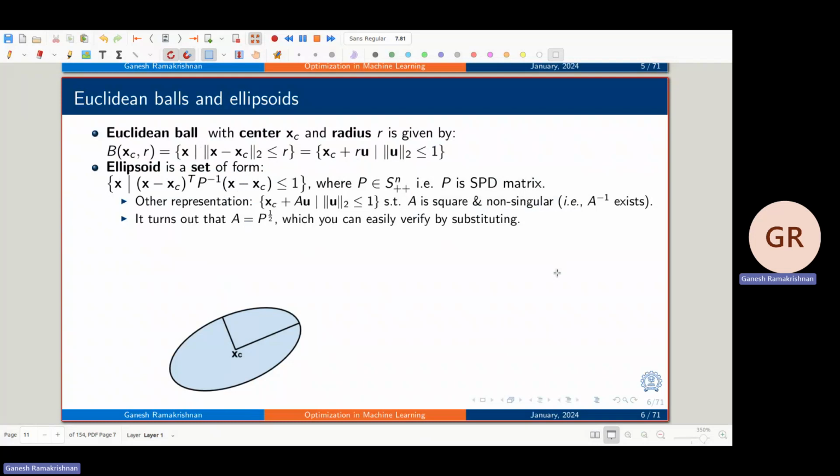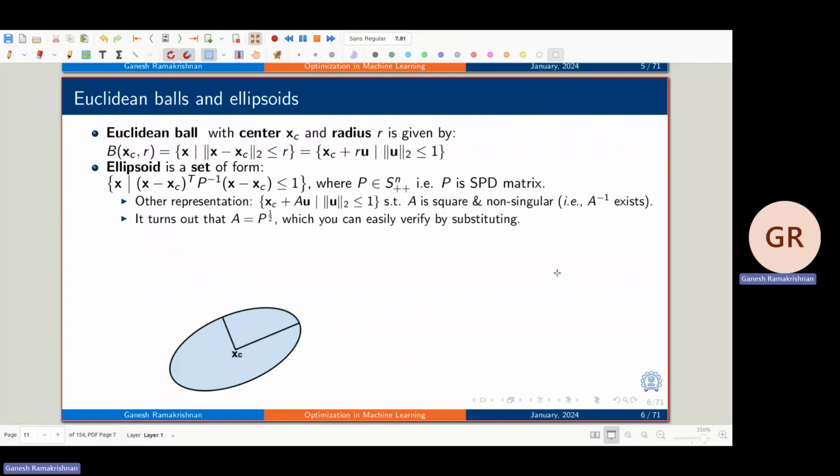P must be symmetric positive definite. That's what S N plus plus means. Positive definite basically is strictly positive definite. What does it mean?